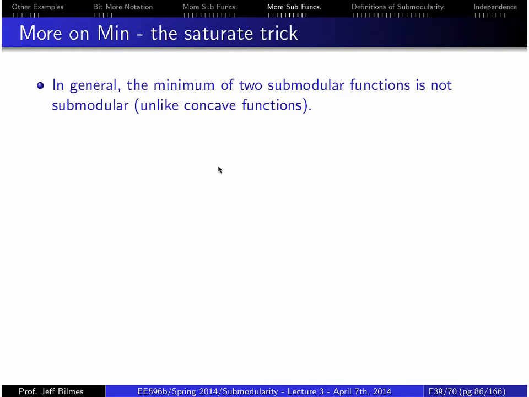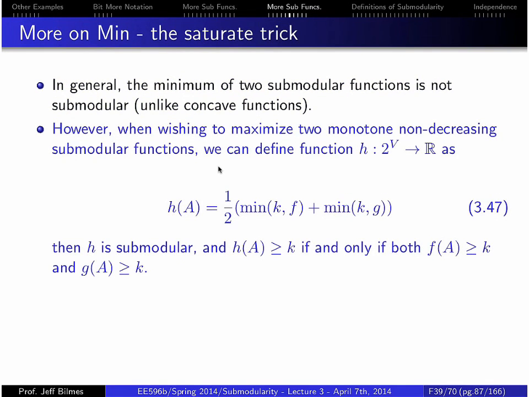But what you can do is use this min trick, or saturate trick. When you want to maximize the minimum of two submodular functions, you can define a surrogate function, h, which is the sum of the two mins. Say f is the function that judges color, and g is the function that judges size, and we take the average, both truncated at k.